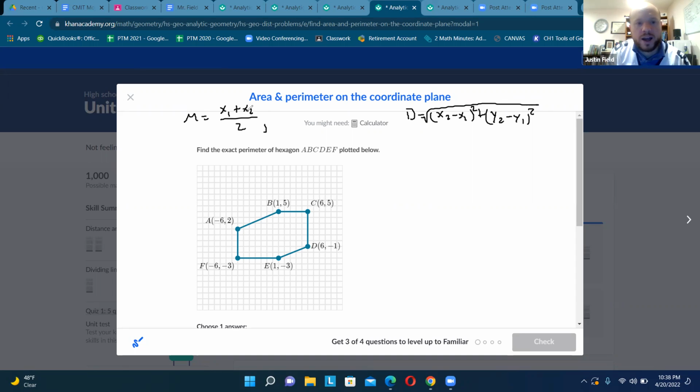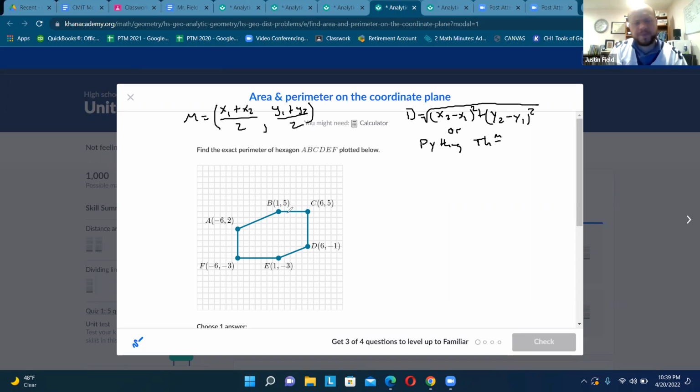You add the x's and then divide by 2. Add the y's and divide by 2. We did this earlier in the year, but it was pretty easy and it didn't take a lot of time. So now you may have forgotten it. So there they are again. But the other thing is, if you want to use the distance formula, fine, or you can use the Pythagorean theorem.